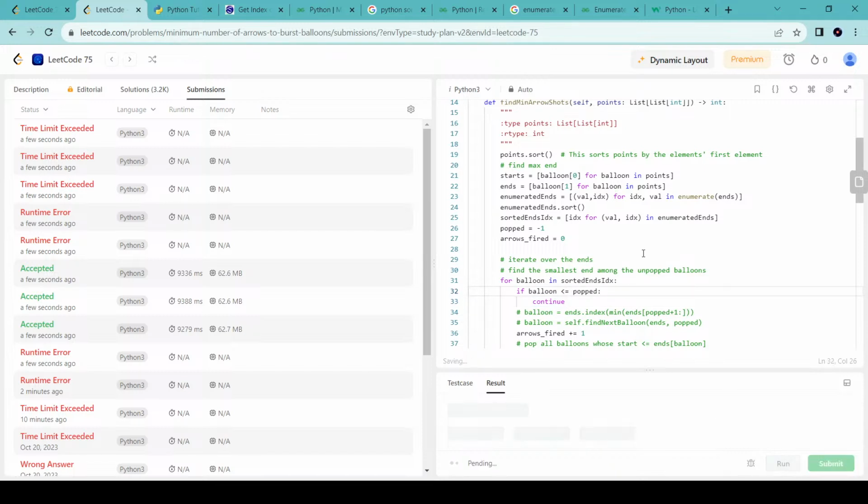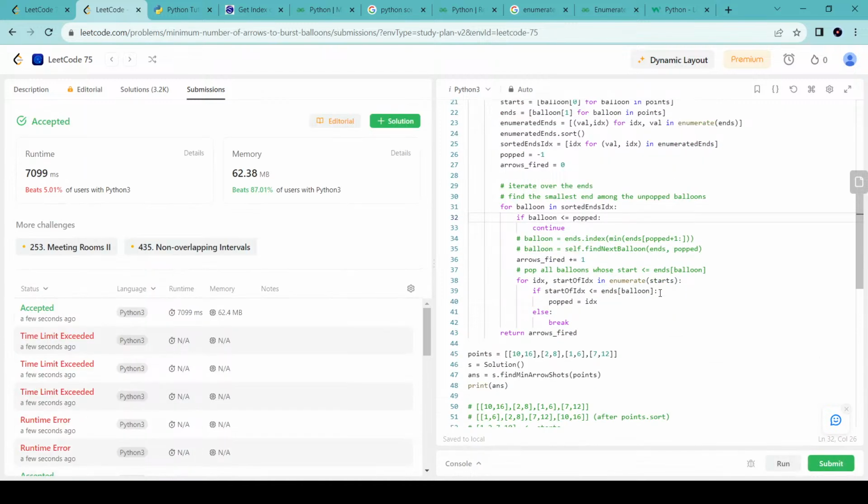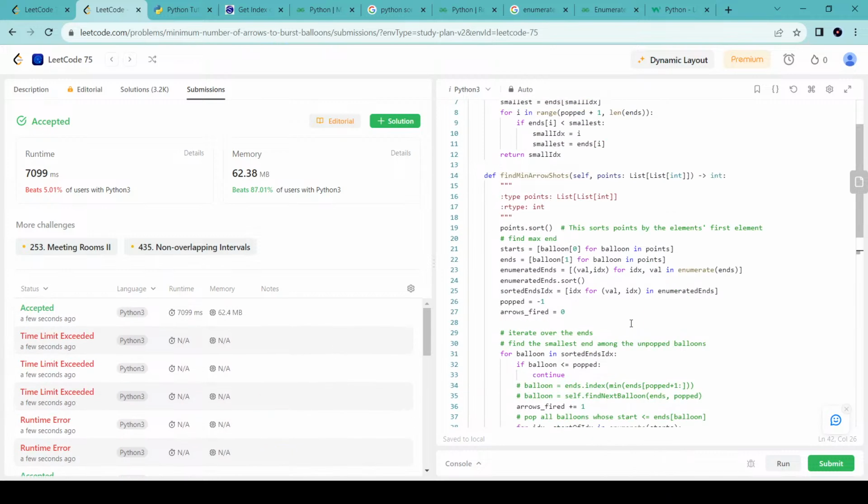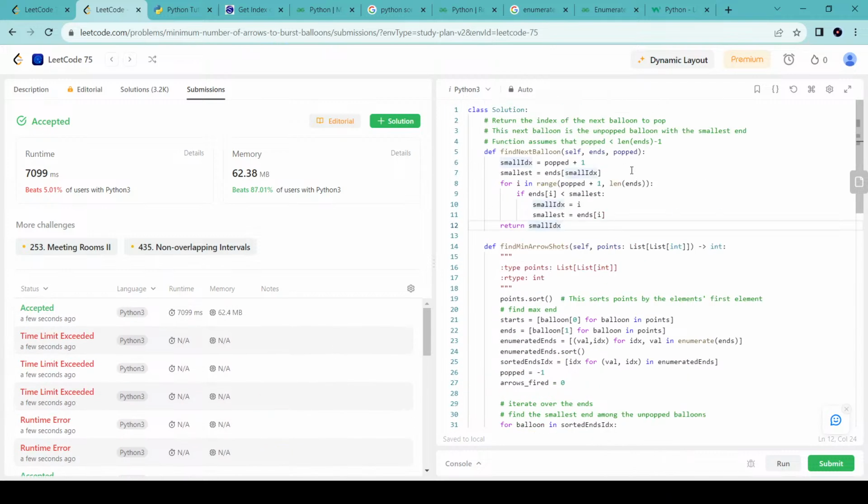Continue. Oh, correct. Let's run it. Let's see if this is faster. It should be faster. Oh, 7 seconds. It's a little bit faster. Holy smokes.